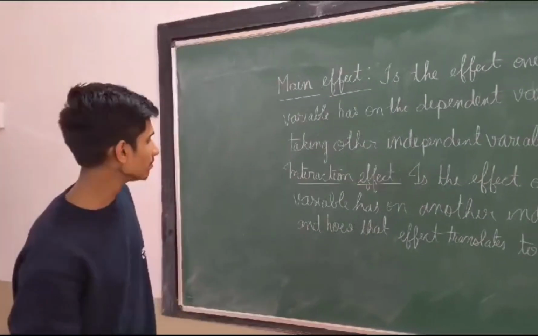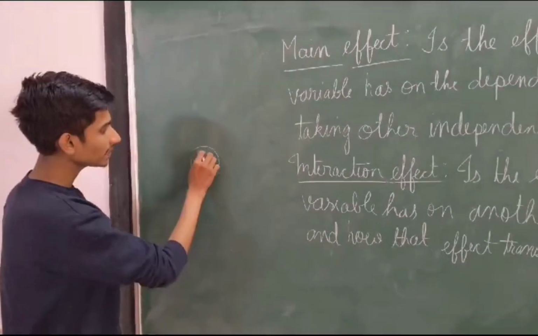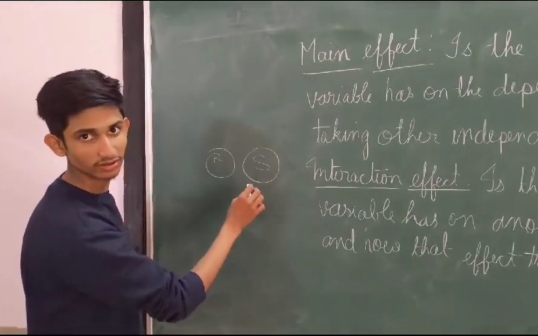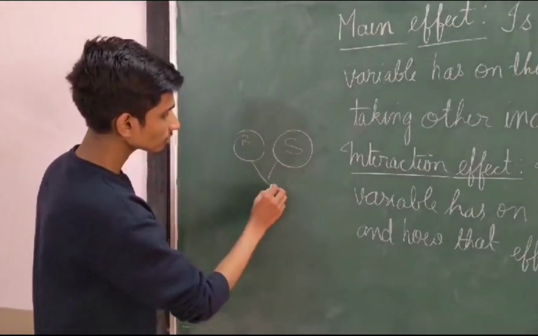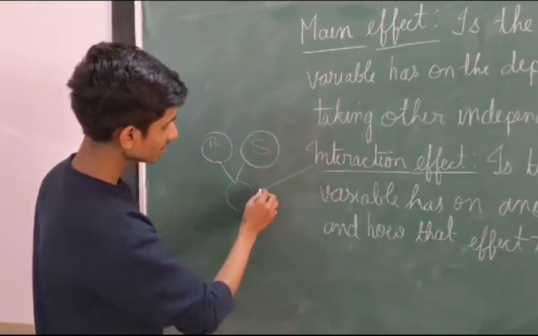The possibilities are that the subject might rapidly lose weight or might slowly lose weight. So these both interact together and this is called interaction effect.